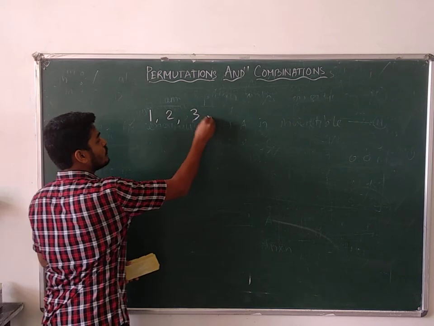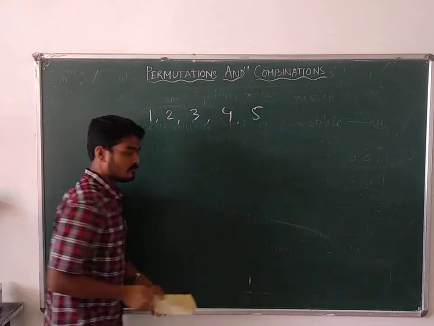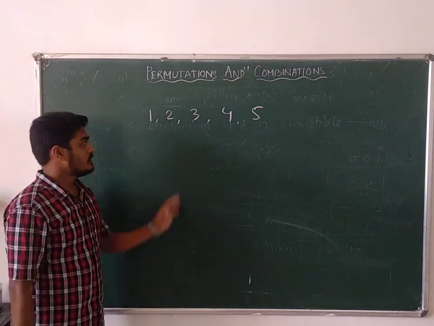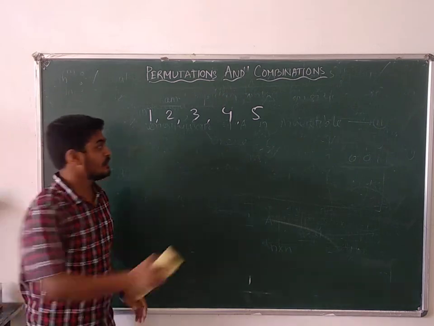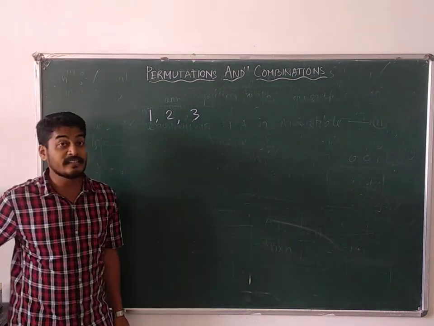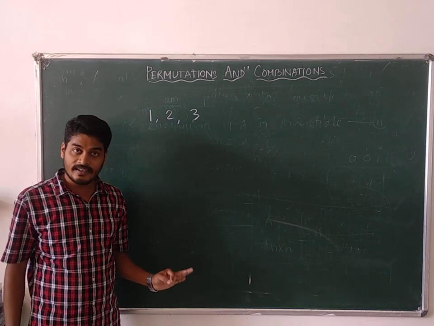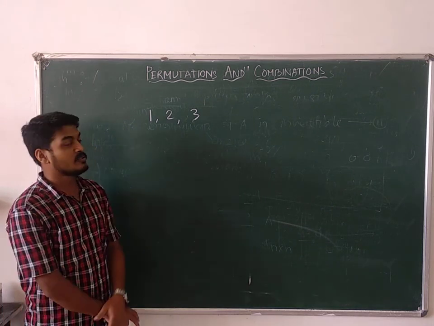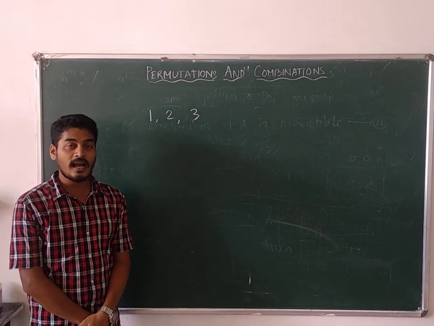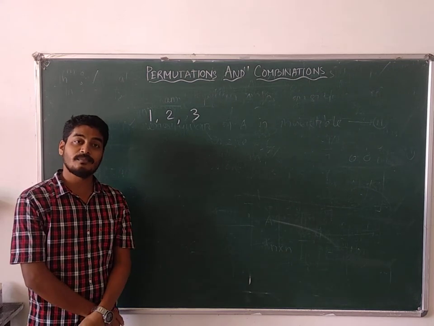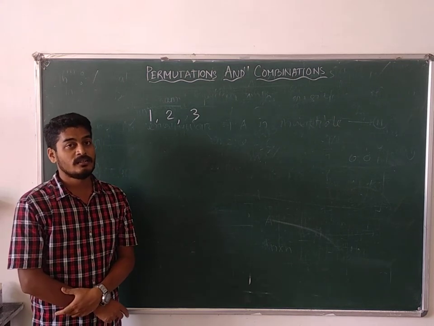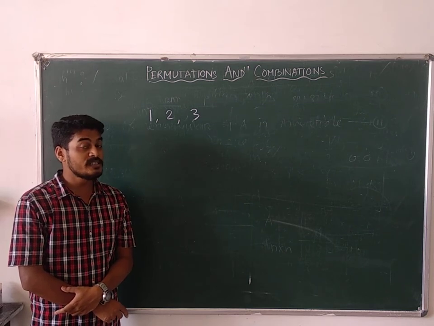1, 2, 3, 4, 5. Suppose 3 digits are there. 10 digits are there in our maths, 0 to 9, 10 digits are there. So out of 10 digits, I have considered 1 to 3. Now my question is: how many 2 digit numbers can be formed? In that number, 2 digits should be there.